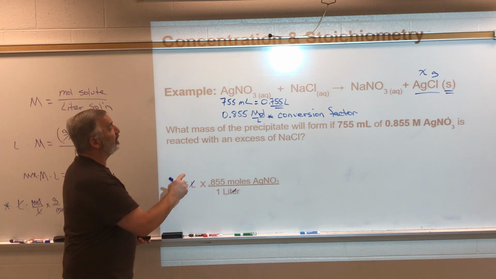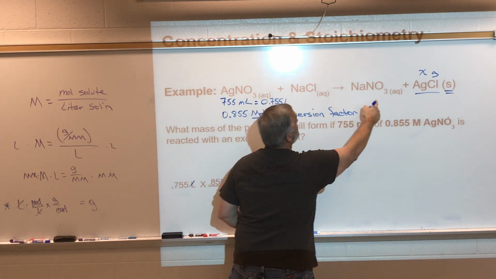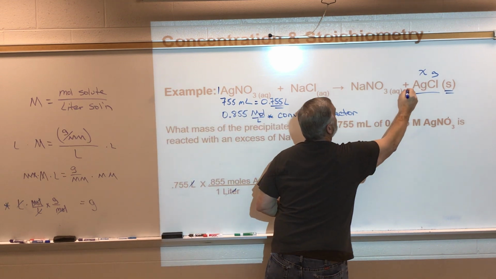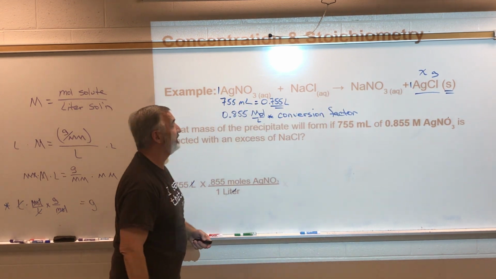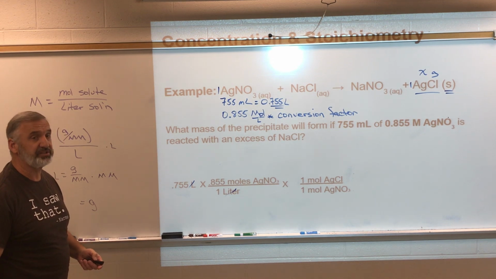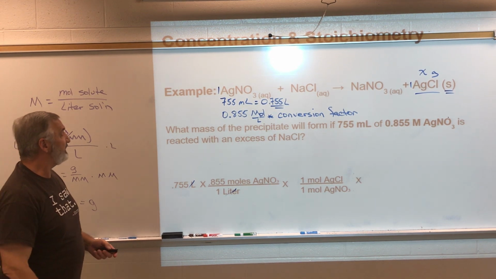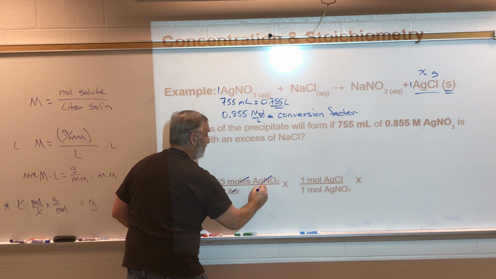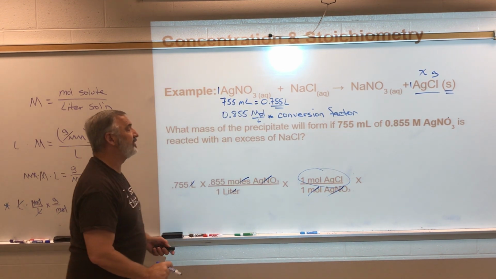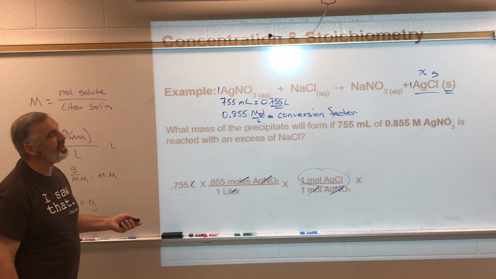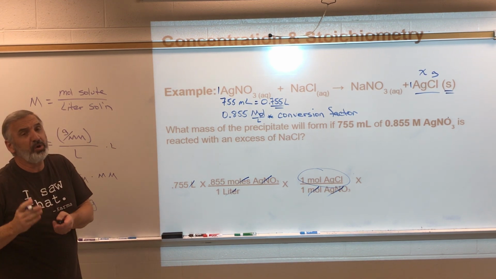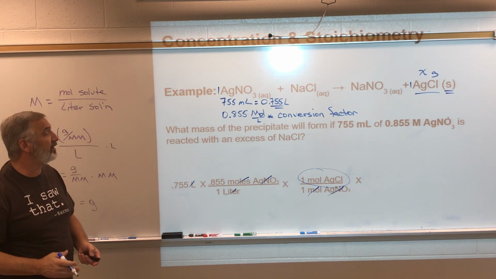Now, to go from moles to moles, I have to use my coefficients. Now, there are understood ones written right there. So I'm going to have 1 mole of silver chloride for every 1 mole of silver nitrate. So now, if I stop right there, I'm left with moles of silver chloride. But the question wants what mass, which we know to be grams, so we know our conversion factor between moles and grams is our molar mass.